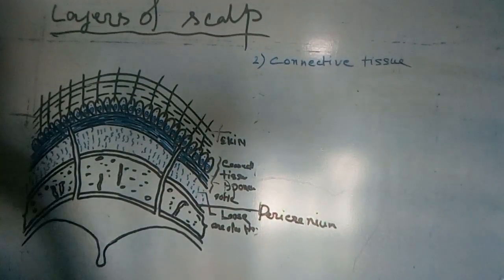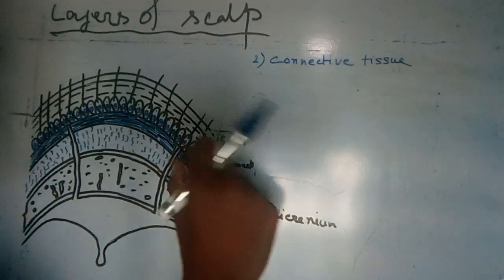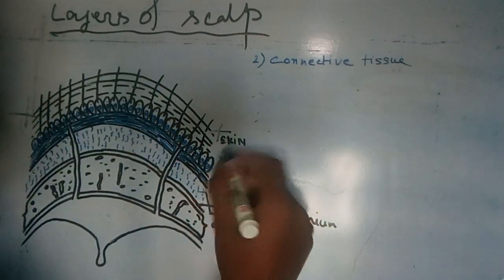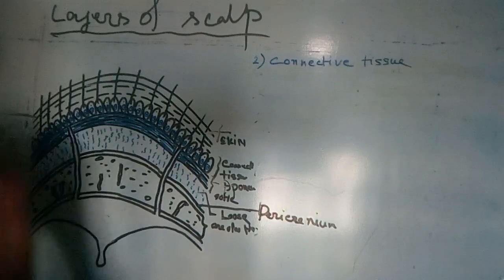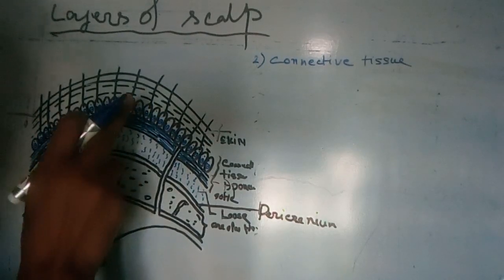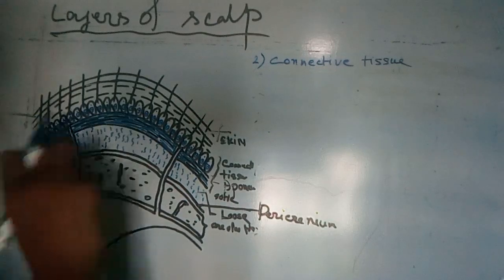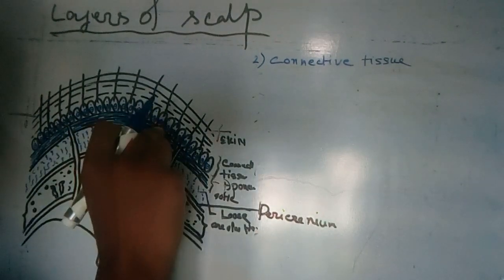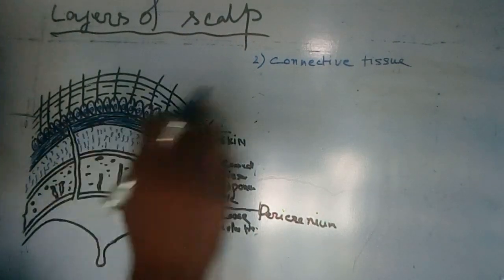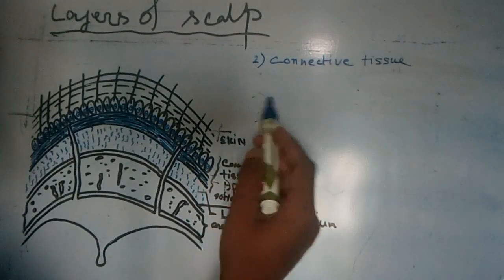This is the dense layer, the connective tissue layer. You can see the nerves and blood vessels, like the artery and vein, here.